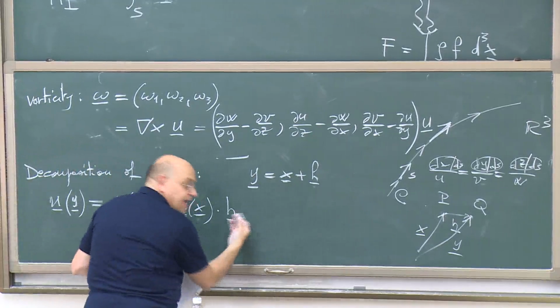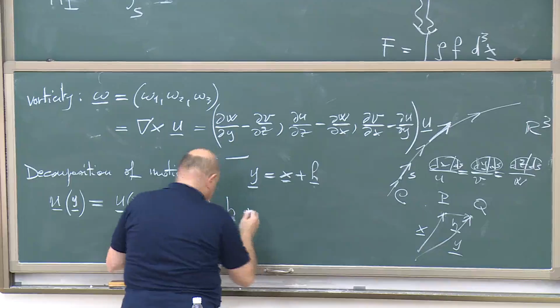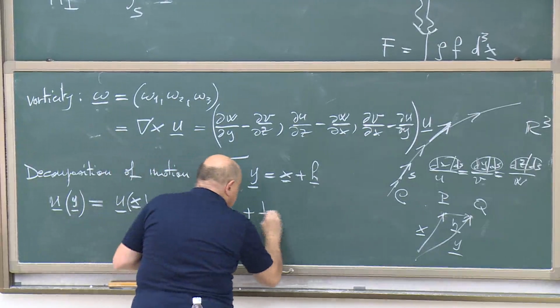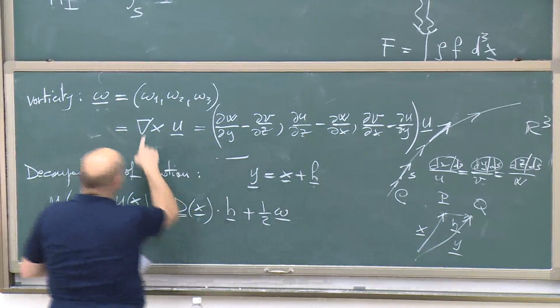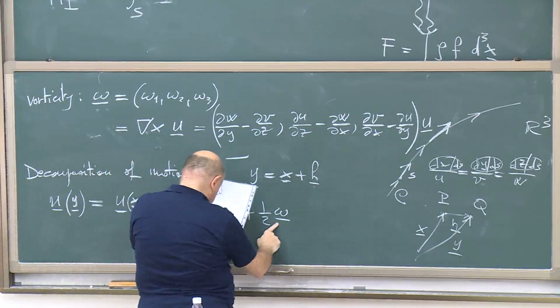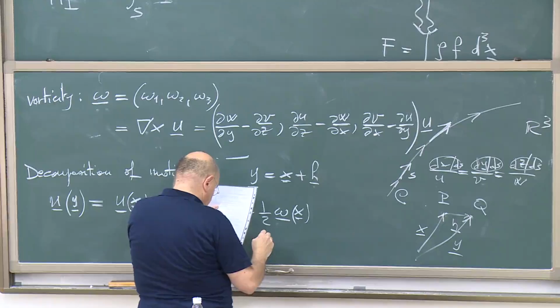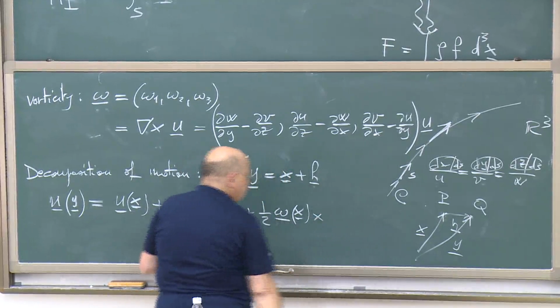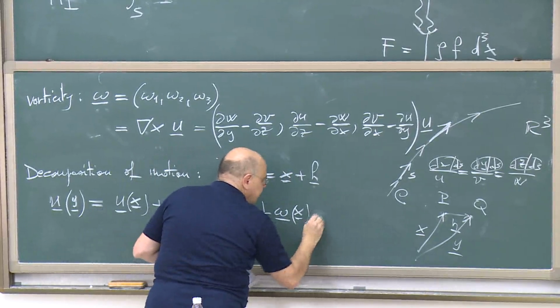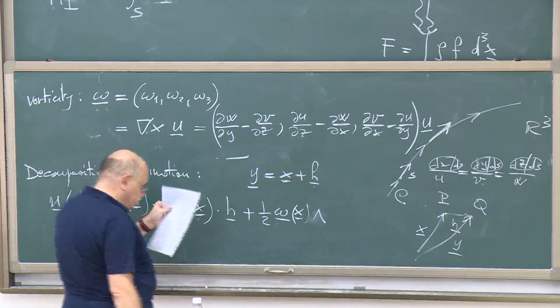So I say, okay, plus a half of omega, first derivatives of x, of course. There is no time for the moment. Cross product, maybe I use a wedge operator, wedge h.